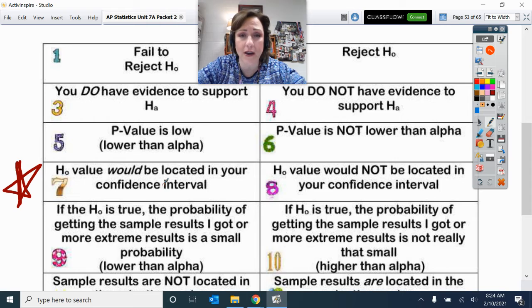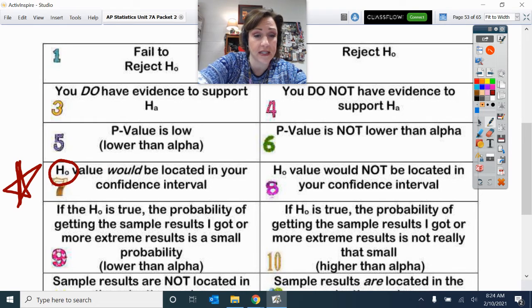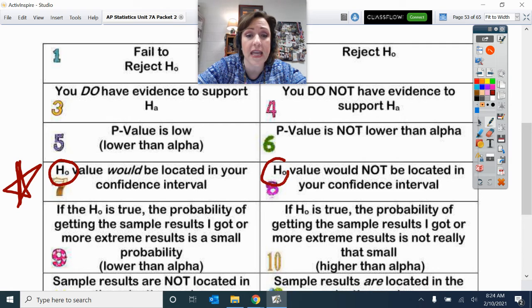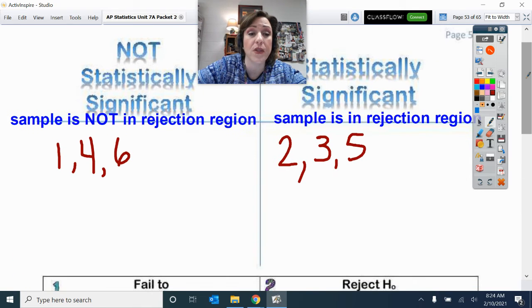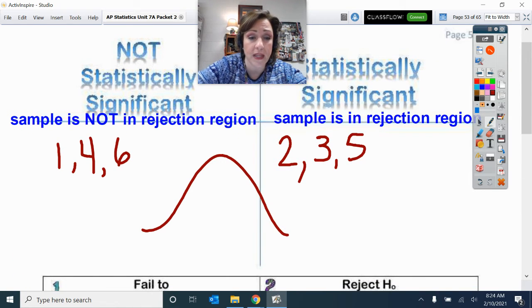What would our interval look like in relationship to the null hypothesis based on these decisions? The question is, would the null hypothesis be in the interval or not? Let's discuss that.